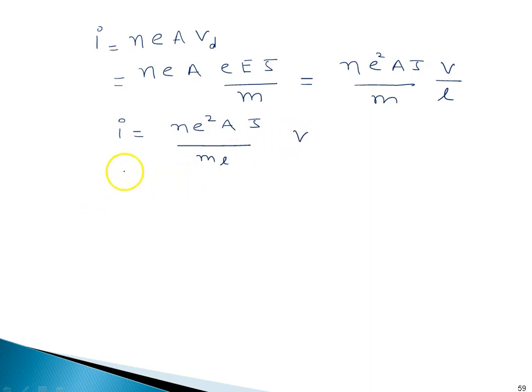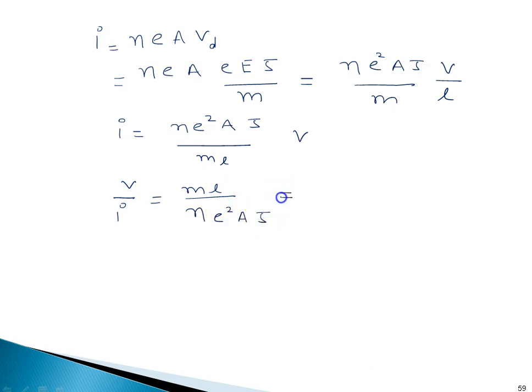This is known as Ohm's law because this is constant. All of you know the formula: V upon I is written as ml upon N E square A tau.